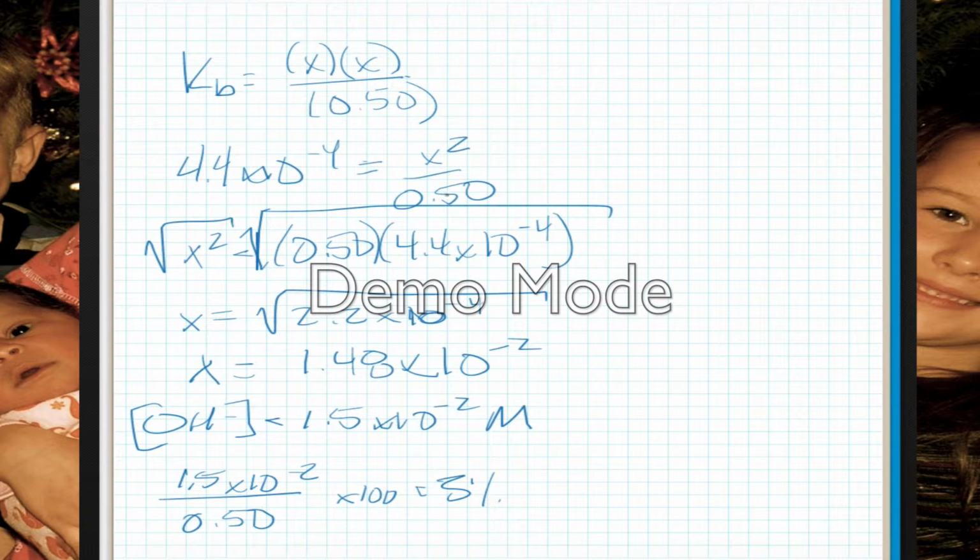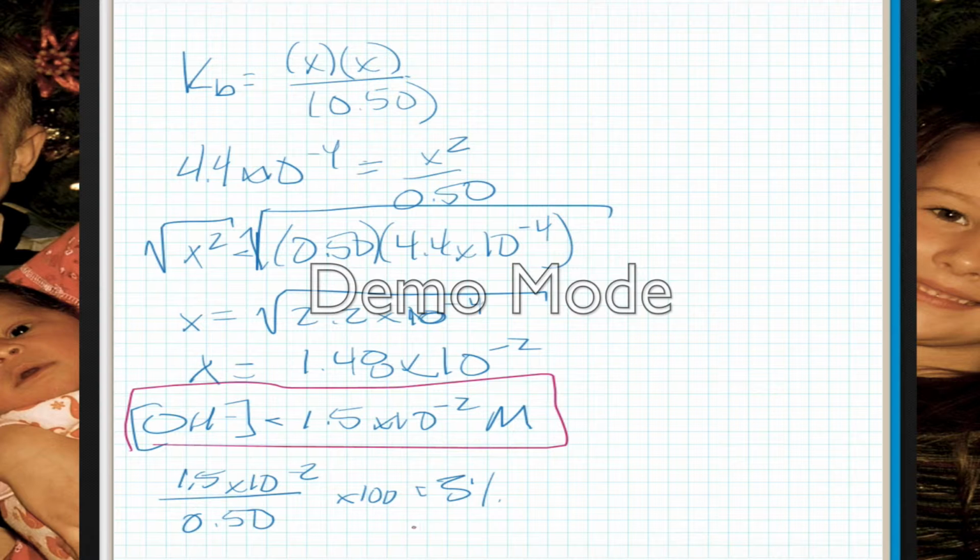So we multiply both sides by 0.50, and we're going to end up square rooting both sides. So X is equal to the square root of 2.2 times 10 to the negative fourth, which is 1.48 times 10 to the negative second. For the sig figs we've been using, it ends up being 1.5 times 10 to the negative 2 molar. This is your answer, okay?